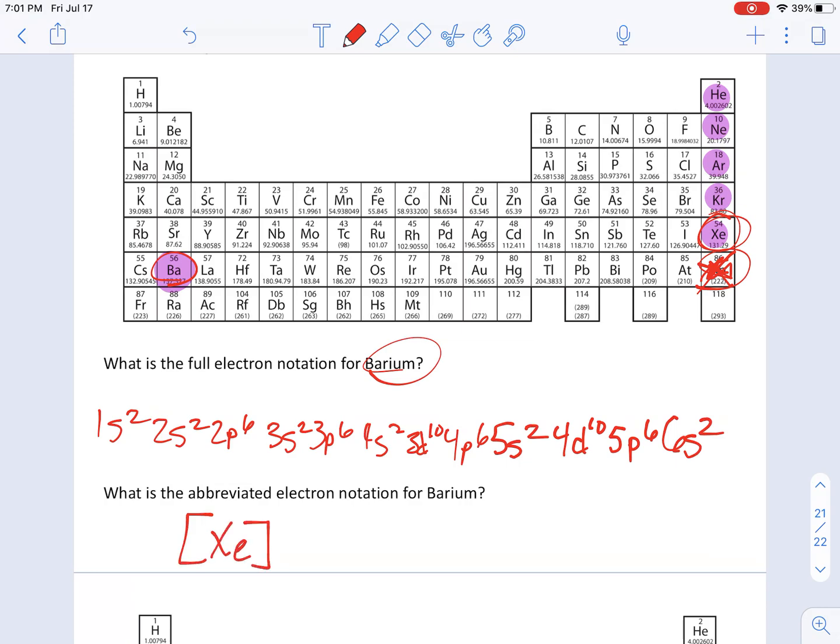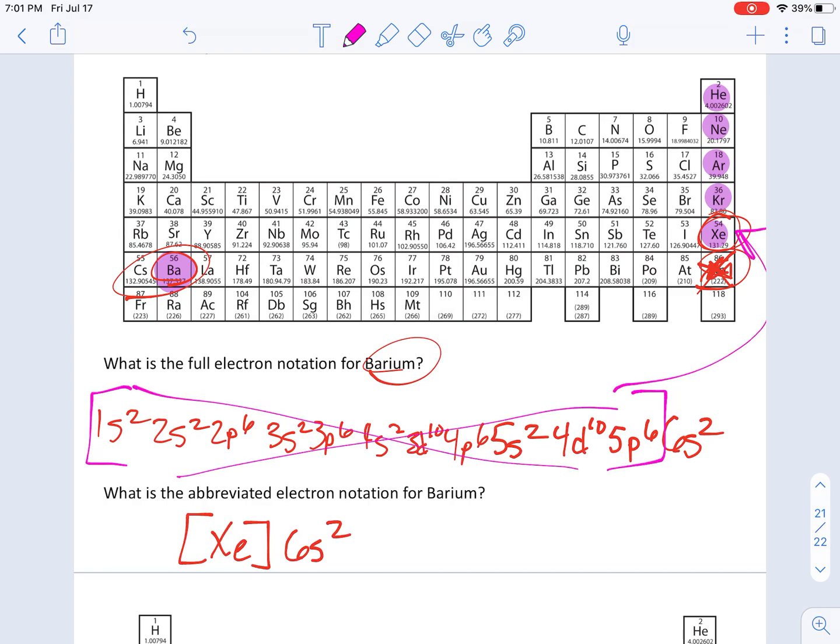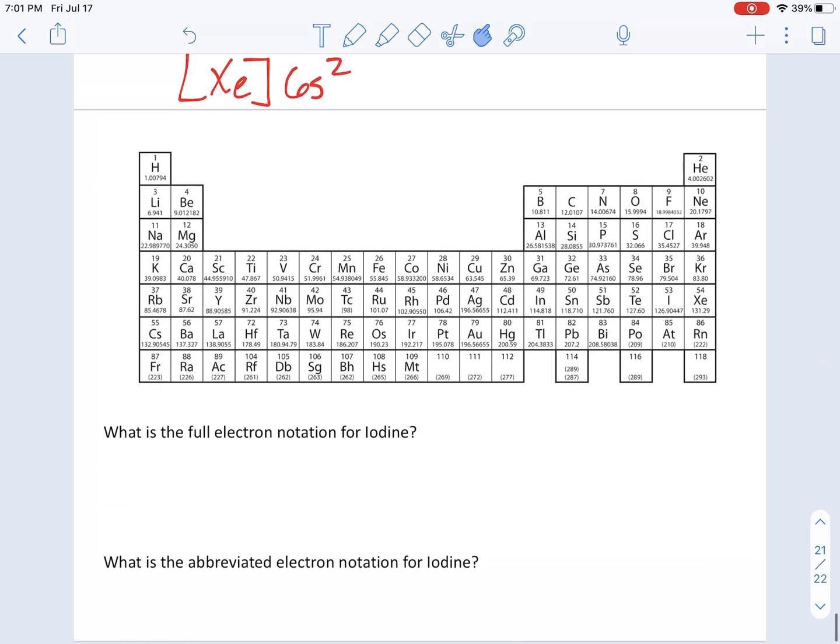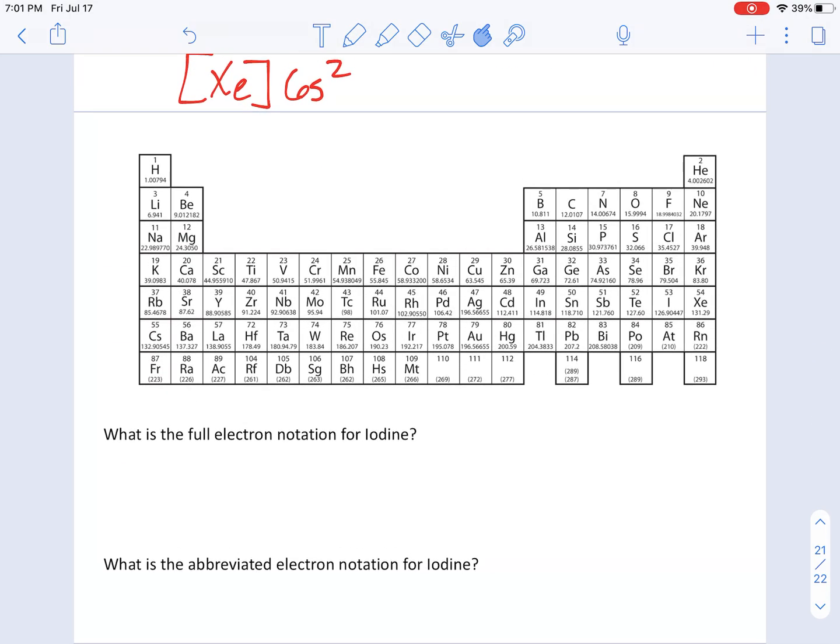So we're just going to put a bracket and put xenon and start there at 54, and then that's going to be 6s2, and we are done. So everything from here all the way up to here, all of that is what xenon's arrangement looks like. So the abbreviated version is far more desirable once you get to the point of these large elements.